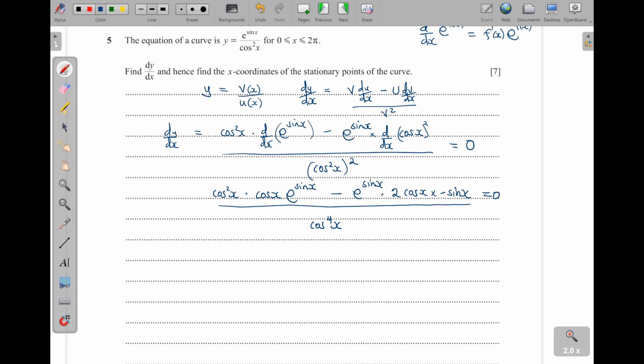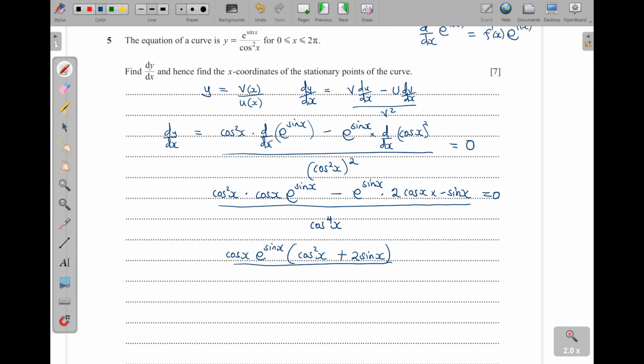There is cos x which is common, I can see it here and here. I also have e to the power of sine x, which is common. So I can factorize out cos x and e to the power of sine x. Inside, I remain with cos squared x for the first term, then there is a negative and a negative, so it will be a plus 2 sine x.